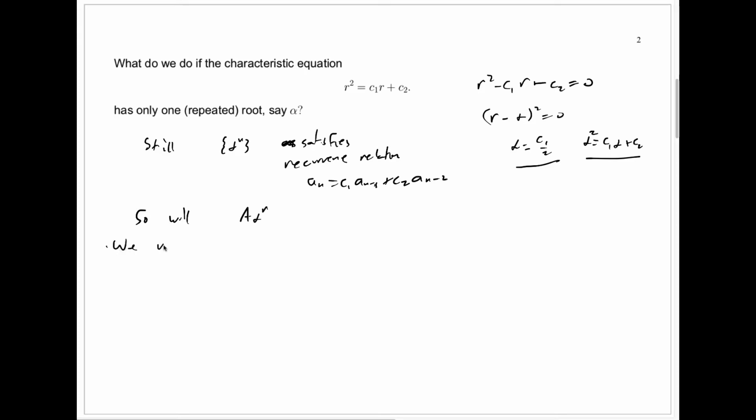Remember, we need a0, the first term, the n equals 0 term, a times alpha to the 0, to be a0, and the first term, a times alpha equals a1, and if a0 and a1 aren't chosen exactly correctly, this will be impossible. You might get lucky and it works, but in general, it's not possible because we have only one degree of freedom here, and we have to match the first two terms.